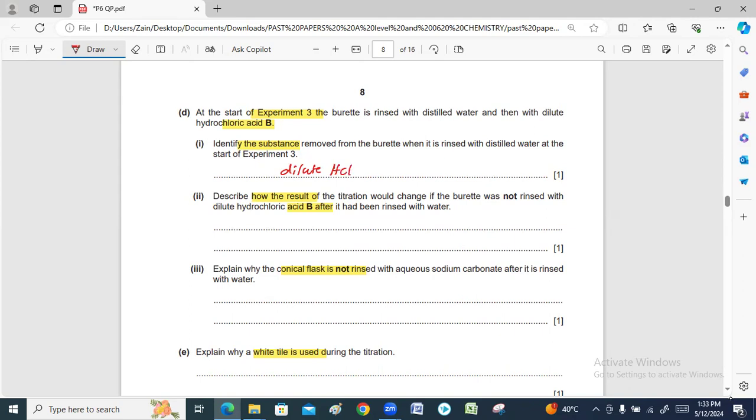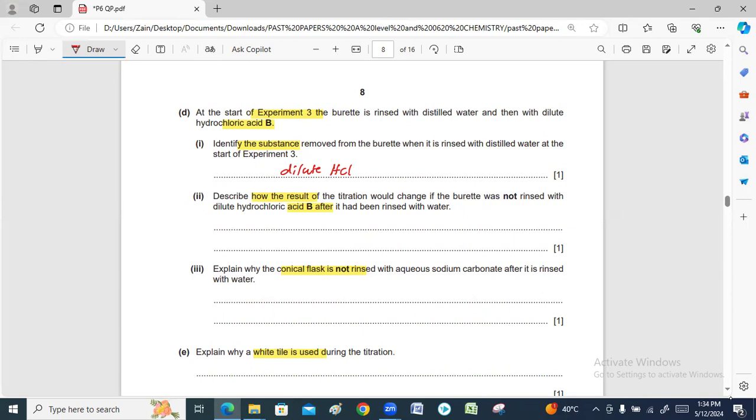Describe how the result of the titration would change if the burette was not rinsed with dilute hydrochloric acid B after it had been rinsed with water. So if we do not rinse with the distilled water, what will happen?